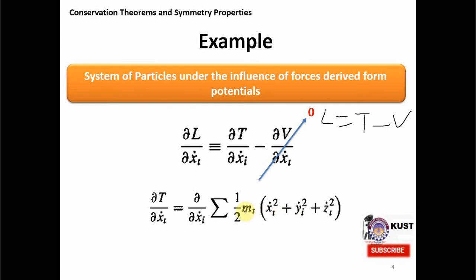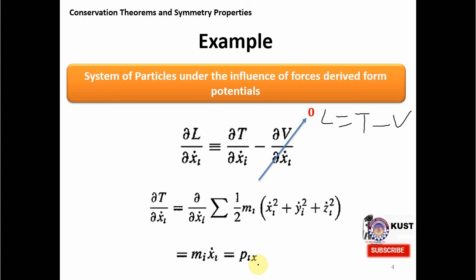So if I implement the derivative, this very simple calculation, you know by the power rule that the 2 will cancel out the 2, and I will be left with m x dot. So del T by del x dot is equal to m x dot, which by definition is equal to momentum.